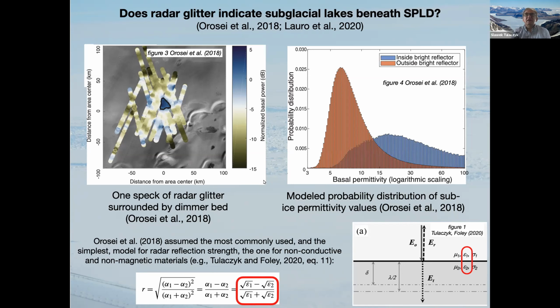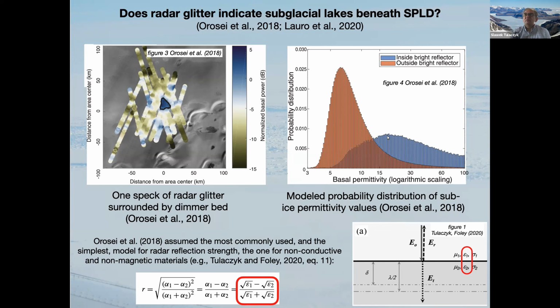And that kind of gave rise to the interpretation and the theoretical basis for the interpretation that we're looking potentially at a lake, shown on the right-hand side diagram, where we have probability distribution functions from figure 4 in that paper, for the area where we have this high reflectivity anomaly contrasted with the area surrounding it.